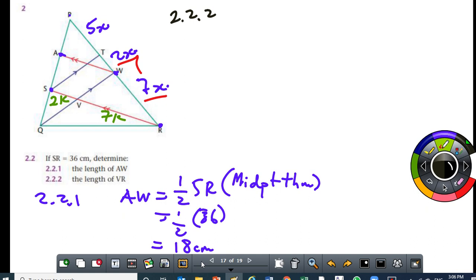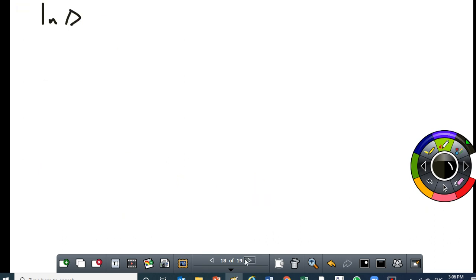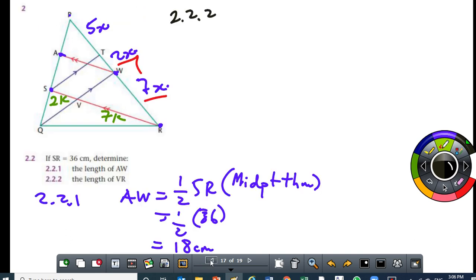Because there are two lines that are parallel, and one of them is the side of the triangle. So I can use the proportion theorem. So SRT, I need to find the ratio of SV over VR or vice versa. That's what I want to do.